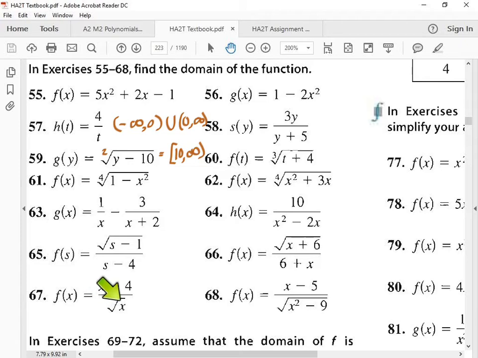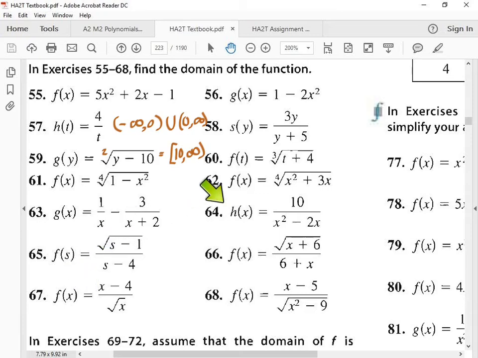So what can I not plug into the square roots again? Negative numbers. And what can I not plug into the denominators? 0. So can I plug 0 into this one? No. Because what's the square root of 0? 0. Can I be dividing by 0? Nope. So this one, your domain would actually be all positive numbers.